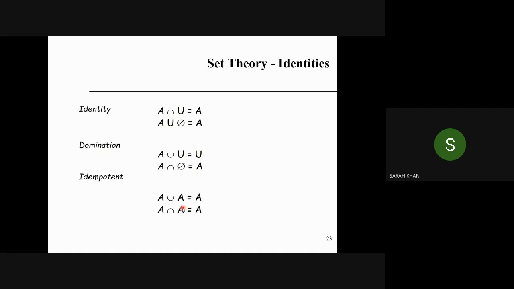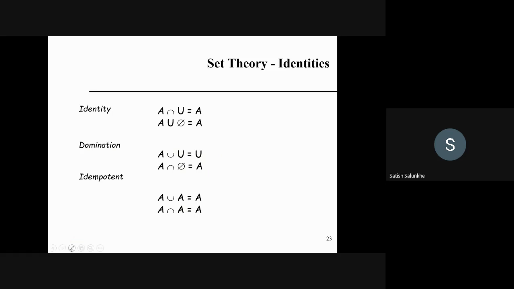In intersection we take the elements which are common in both sets. So how does A intersection null set become A? Just a minute. What are you saying? In domination law, the second one? Yeah, this is a typo error. It should be null. This is not my slide, this is a slide from the book.